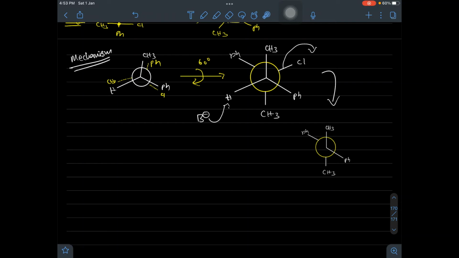Now double bond formation takes place between this carbon atom and the right side carbon atom. In that, this carbon atom with methyl, pH and the back carbon atom with methyl, phenyl group are present in opposite directions, and this leads to this structure. We can write one carbon CH3, pH, another carbon CH3, pH, giving you the trans product.